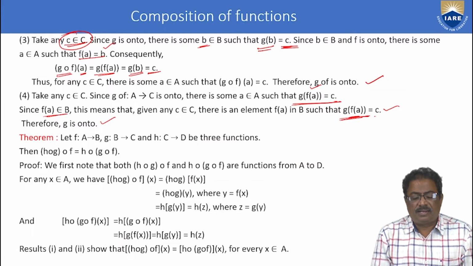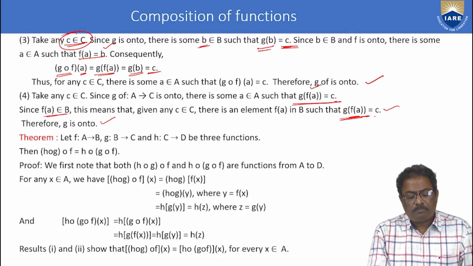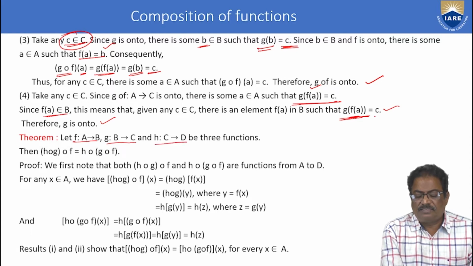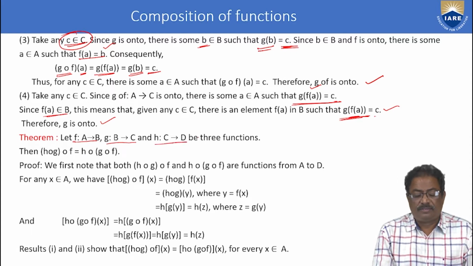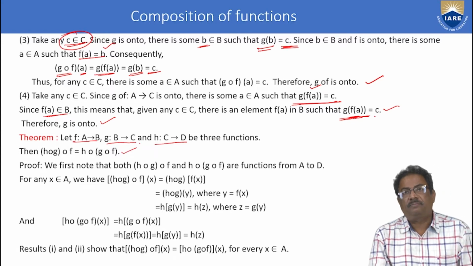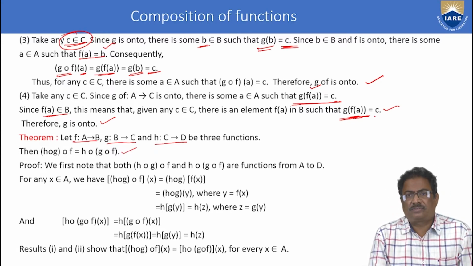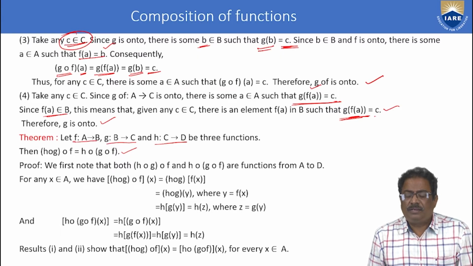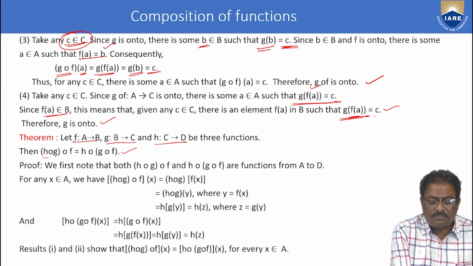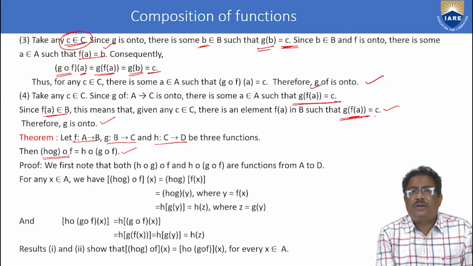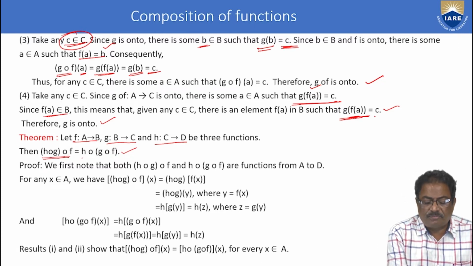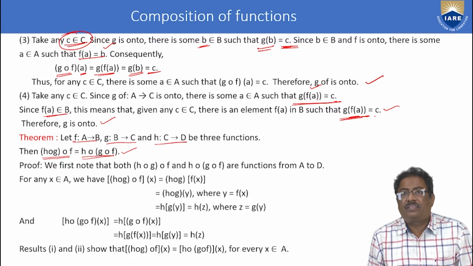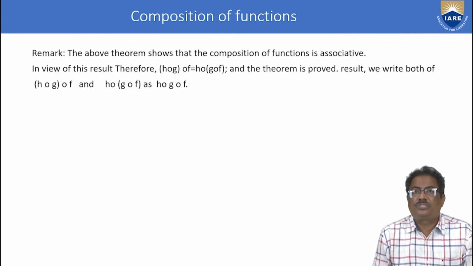Now let us consider another theorem. So here f is a function from A to B, g is a function from B to C, h is a function from C to D. Then we have to prove that the composition of functions satisfies the associative law. So here, first of all, we have to define whether this is a function which is defined from which set to which set, and after that only we are going to prove the associativeness.